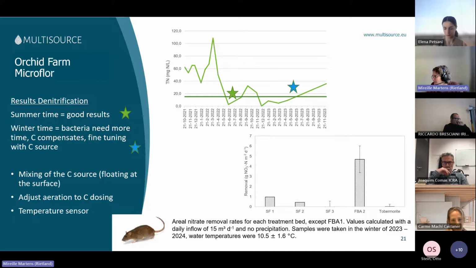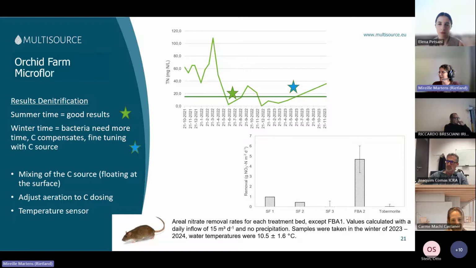So the first pond, the second pond, and the third pond, you can see that the removal of nitrogen is not that high. But then if it comes with the carbon source in the forced bed aeration, so FBA, number 2, so in the aerated wetland, but then it contains the carbon, then there's a lot of removal in wintertime. And then the last part is the adsorption tank.